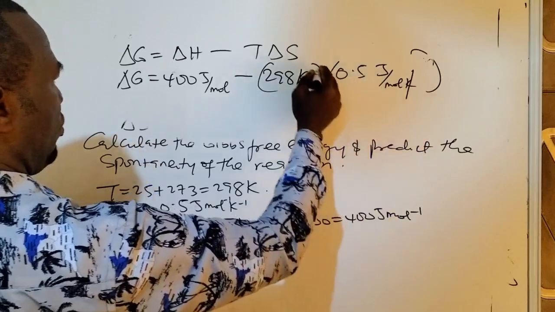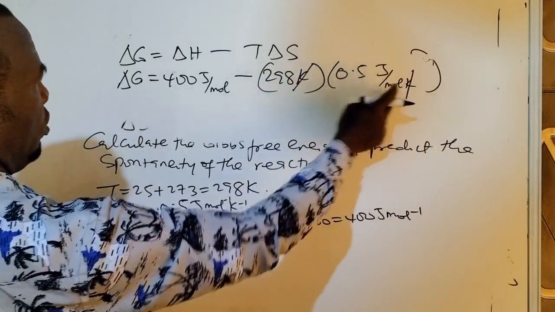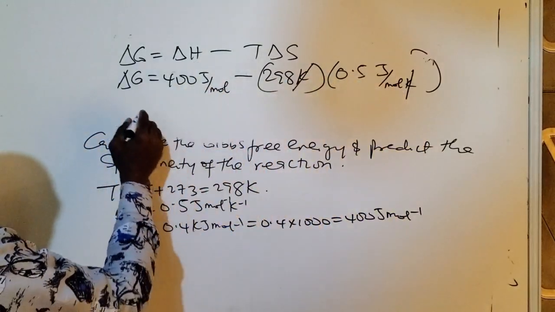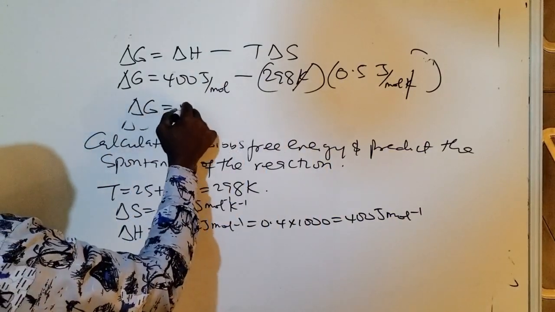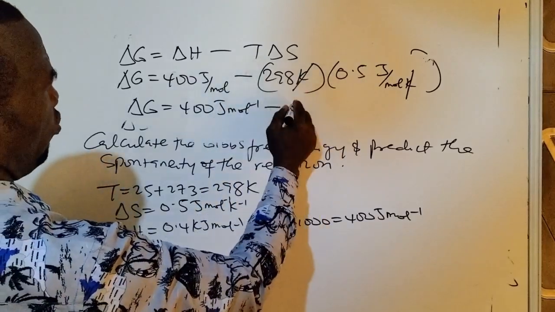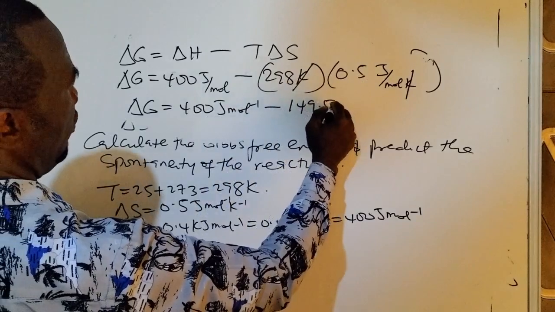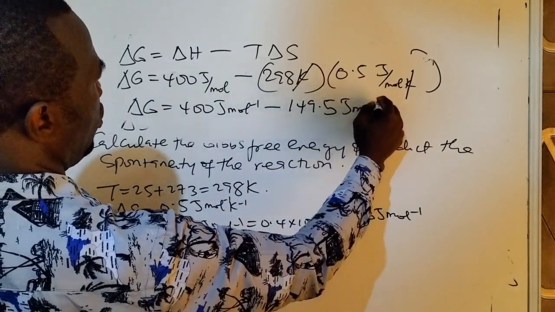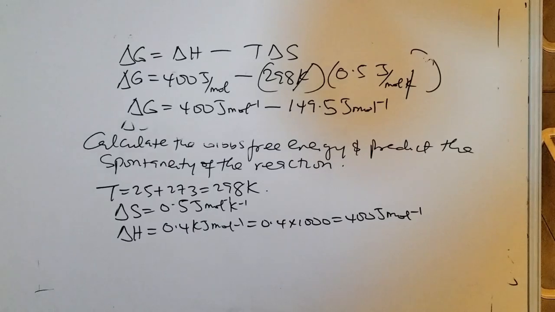So Kelvin cancels Kelvin, and I'm left with joule per mole. So delta G becomes 400 joule per mole minus 149.5 joule per mole. When you subtract the two values, the answer you're going to get is 250.5.